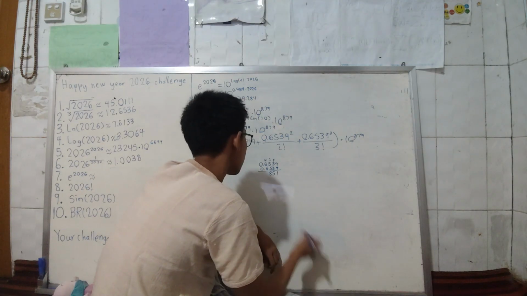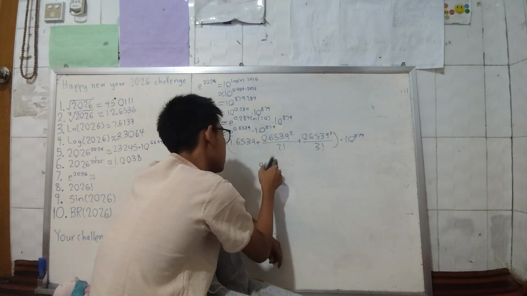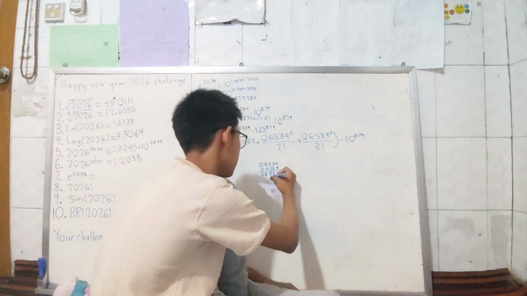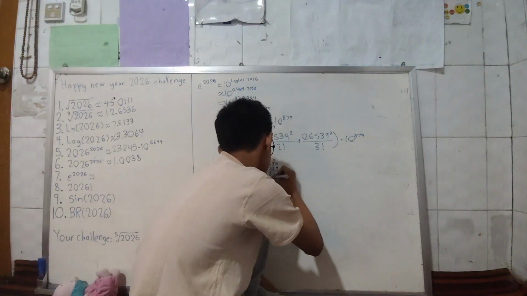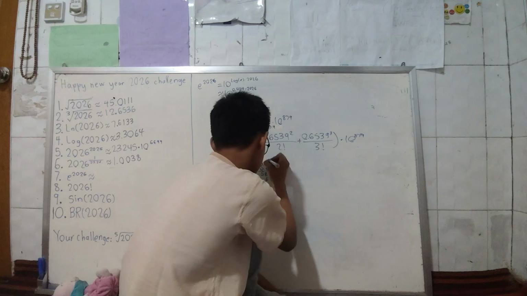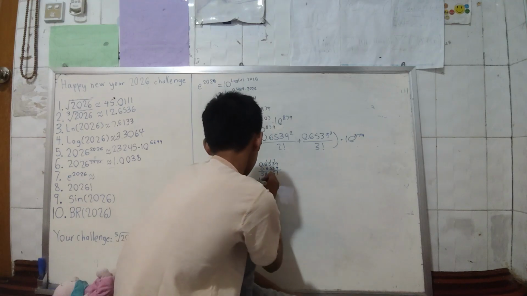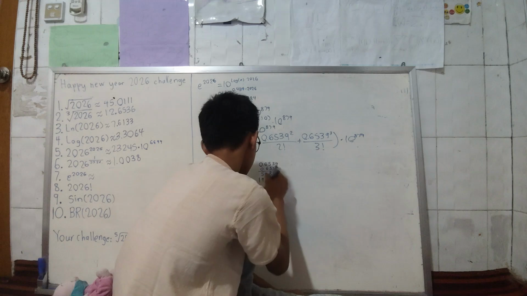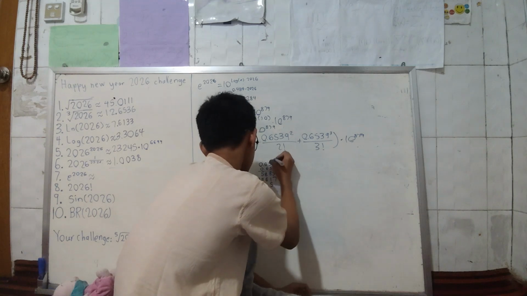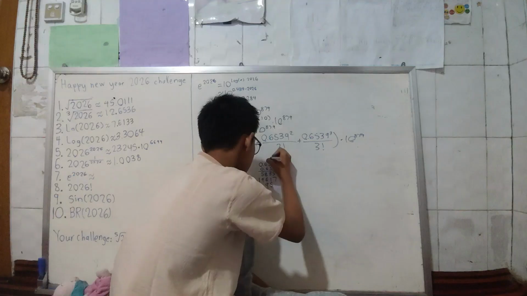And 6 times 9 is 54, that's going to be 58. 3 times 9 is 27. 9, 11. 5 times 3 is 15, that's going to be 16. 6 times 3 is 18, that's going to be 19.